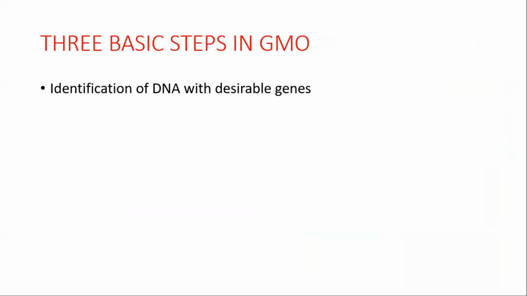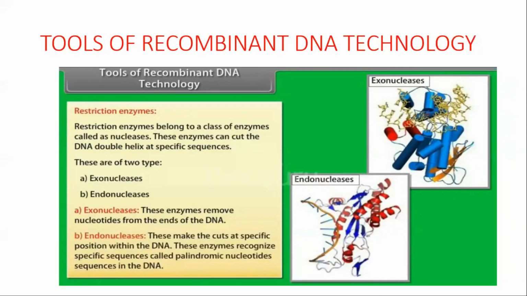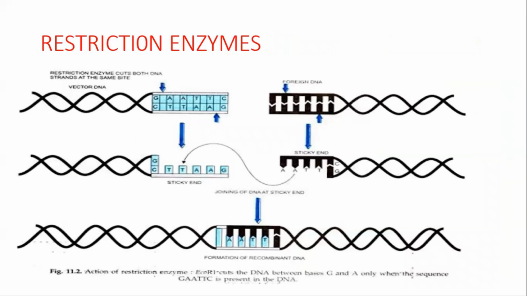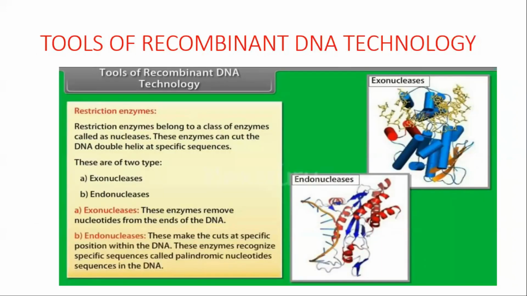I told you this enzyme is going to recognize the same set of sequence in both your vector DNA as well as in your foreign DNA. I will show you a picture later. So this endonuclease is going to recognize a specific sequence called the palindromic nucleotide sequence.